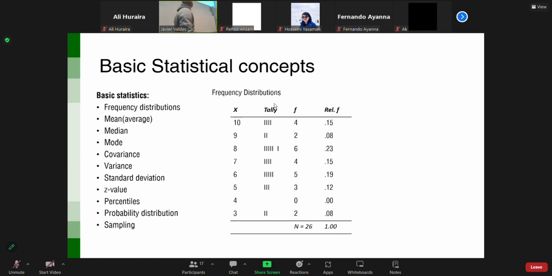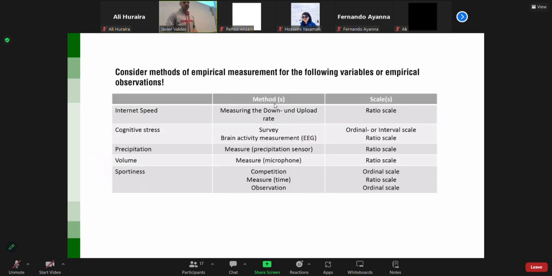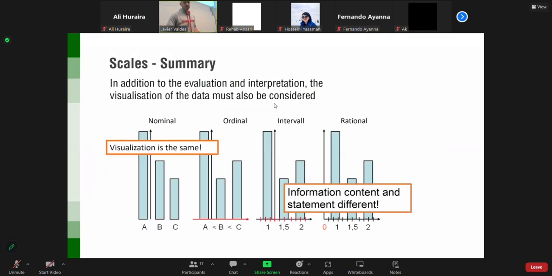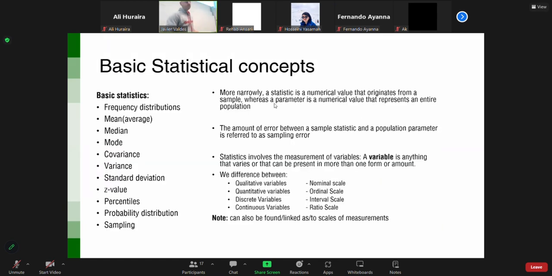Which kind of variable do we have here? Which kind of variable, not of a scale? Discrete. It's a discrete variable.